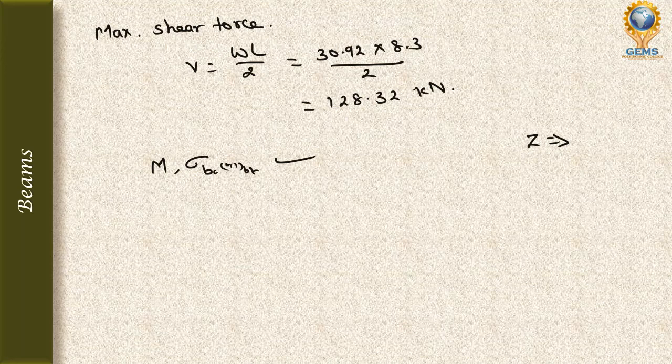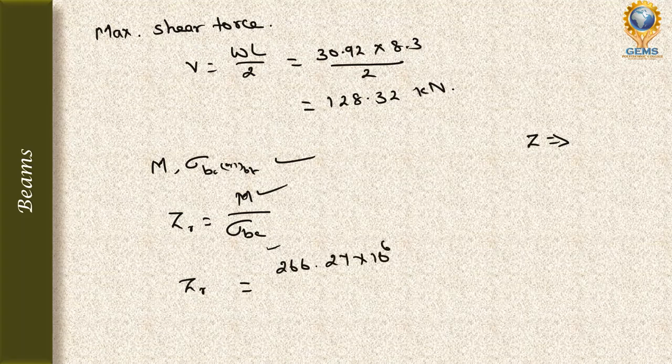So what do we need to find the section modulus? The section modulus required needs the maximum bending moment and sigma bc, the permissible bending stress. So section modulus required is equal to maximum bending moment, 266.27 into 10 to the power 6, divided by 165.